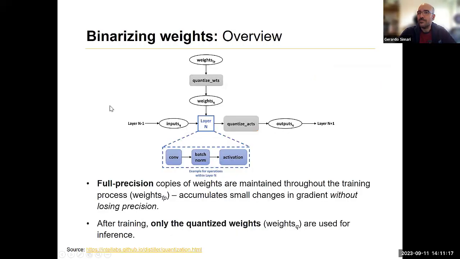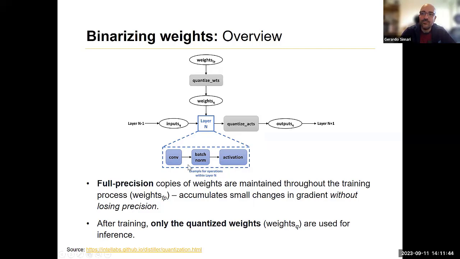All right. So for the binarization of the weights, you have to keep full precision copies of the weights throughout training. It's necessary to be able to do the training correctly. Otherwise you would never be able to accumulate small changes in the gradient without losing precision terribly.